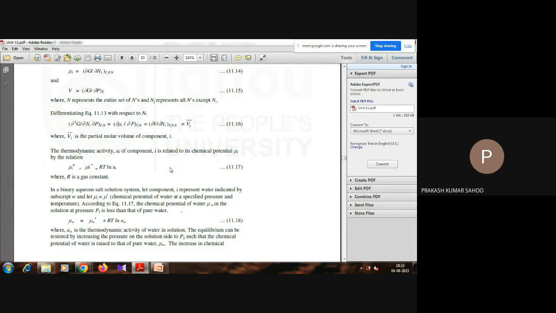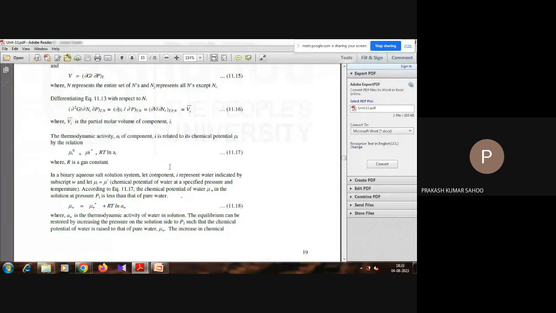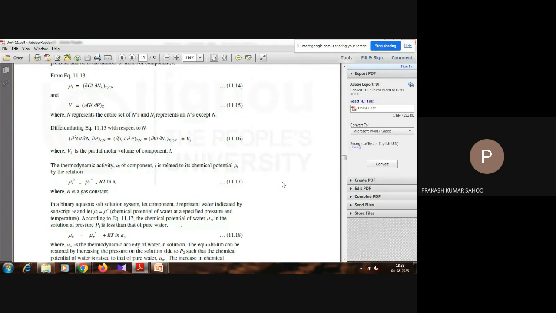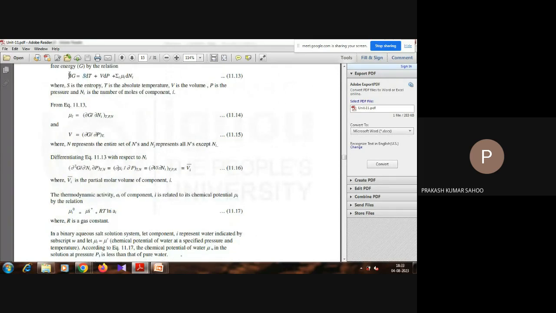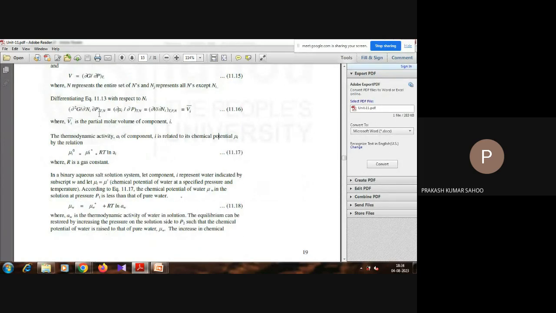Then, if I differentiate this equation, we have equation 13. This equation, if I differentiate this one, we will get del square G by del Ni into dP with constant temperature and number of moles. We have the chemical potential by pressure, and we have also volume by number of moles, that is Vi bar, that is partial molar volume.